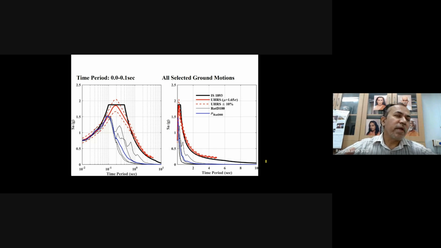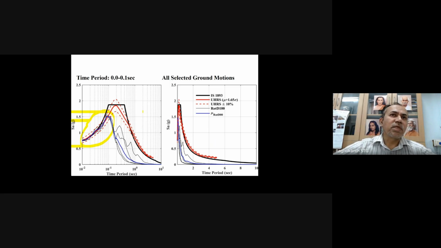With this, it is just like a hunt through all the 15 lakh time histories. For example, for 0 to 0.1, I'm showing you here. Out of 15 lakh time histories, how many of them will nicely match our IS code spectrum, with the error also within plus or minus 10%? When we search in 15 lakh, only some 4 or 5 ground motions come in this 0 to 0.1 second range.